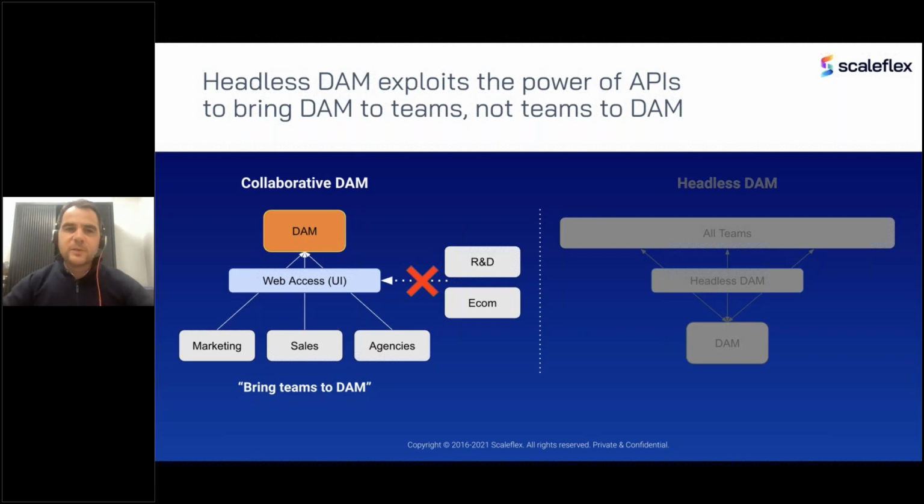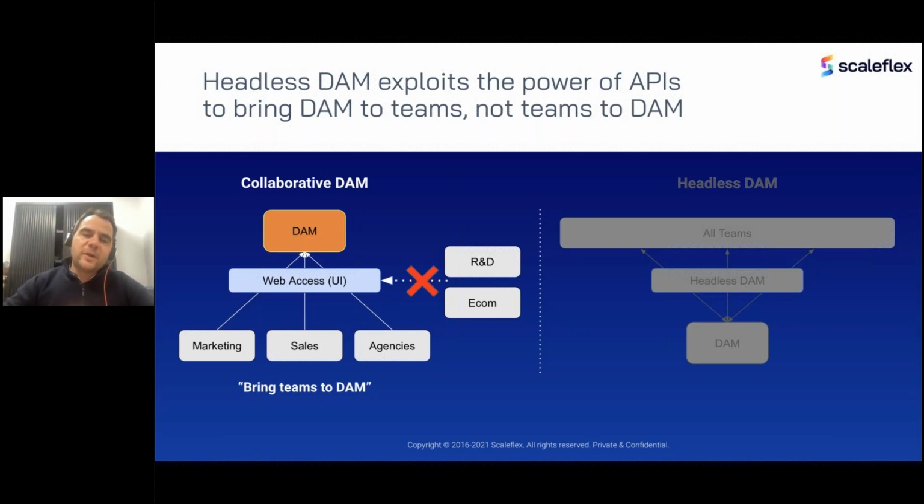And what we've seen, and also discussing with analysts, is that one of the big challenges in digital asset management is the adoption across silos, across teams, because usually the DAM initiative is driven by a team, let's say the marketing or the creative team, but people want to onboard more and more teams, and this becomes complicated.